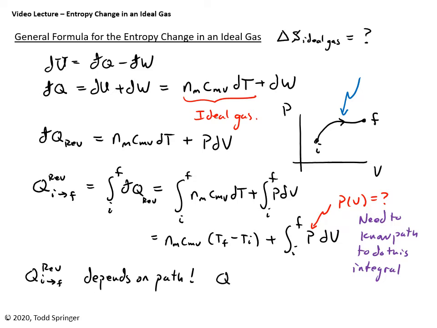That's because Q is not a state variable. Okay, so that's just an illustration of how far you can go if you don't have a state variable. And now let's do it again, but let's do it for entropy and see how it works.